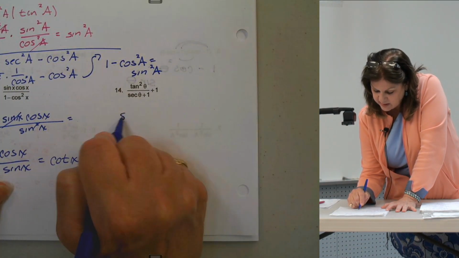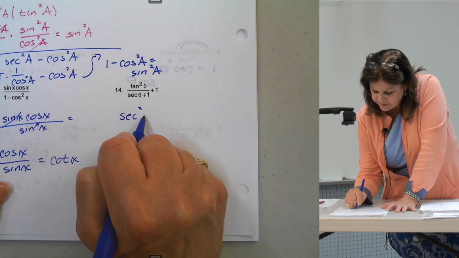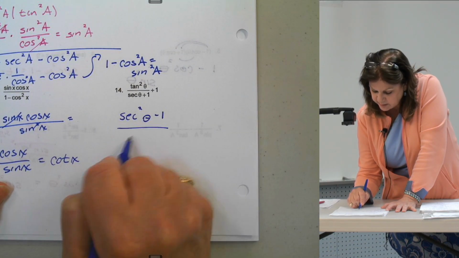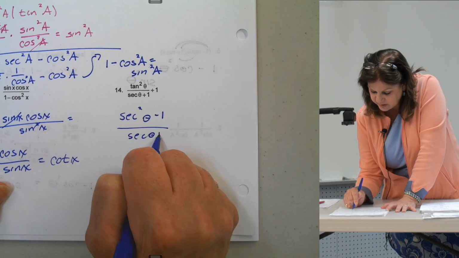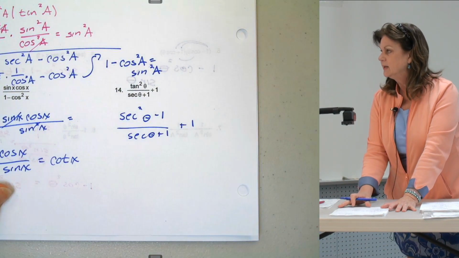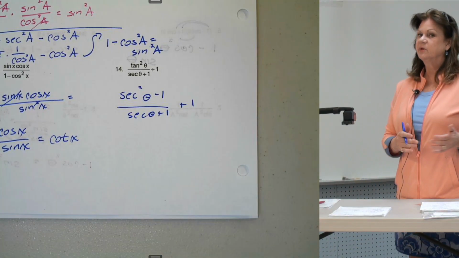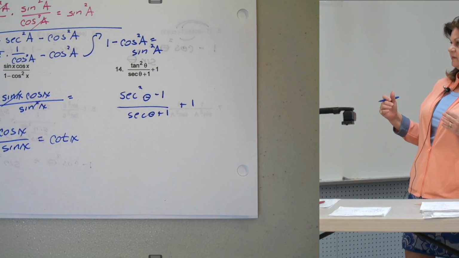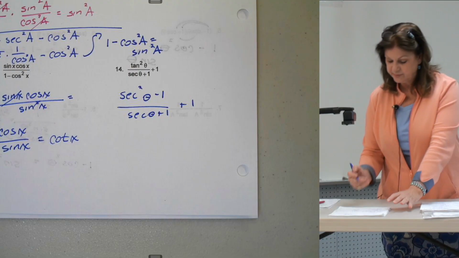So I've got secant squared theta minus 1 over secant theta plus 1 plus 1. Again, we have difference of squares. Secant squared theta minus 1 can be factored.